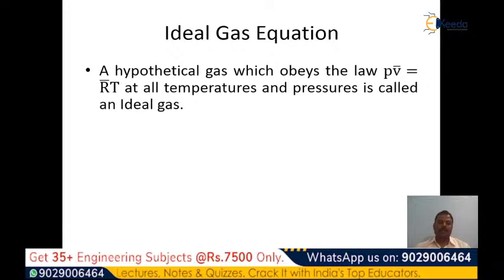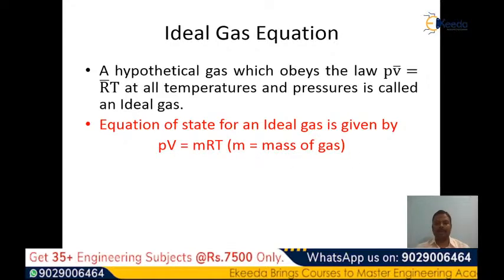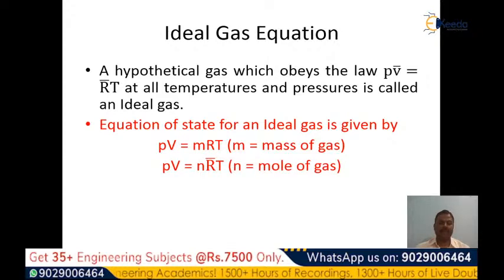A hypothetical gas that obeys the equation of state at all temperatures and pressures is called an ideal gas. It is very well known. The equation of state for an ideal gas is given by PV equal to mRT, where m is the mass of gas. It can also be written as PV equal to nRT, where n is the number of moles of gas.